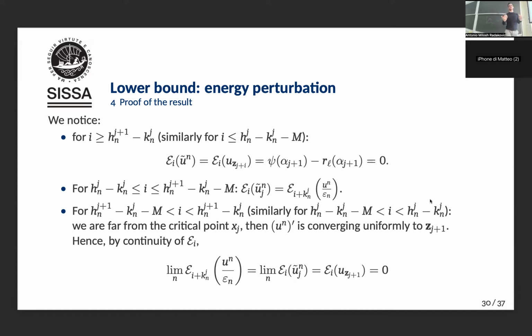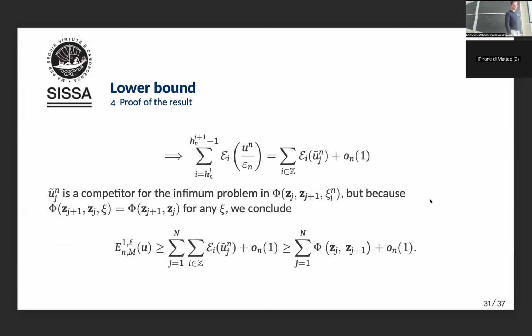So given the strong convergence we have far from the singular point, because near the dashed line we are far from a singular point, and also thanks to the fact that our energy density is continuous, we can recover the proper convergence. So this modification is not causing any problem.